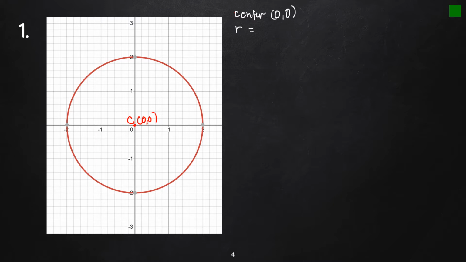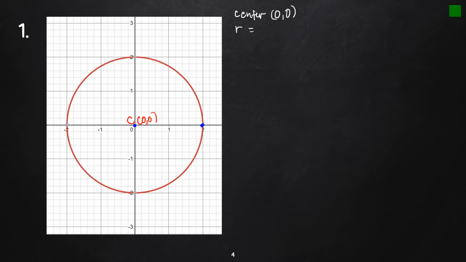Now let's try to find the radius. The radius of the circle, let's use another color for the ink. We just have to connect the center to any point on the circle. So that it will not be too hard for us, let us choose this point here, which lies on the x-axis and is also on the circle.